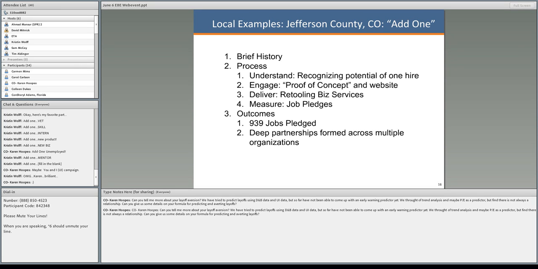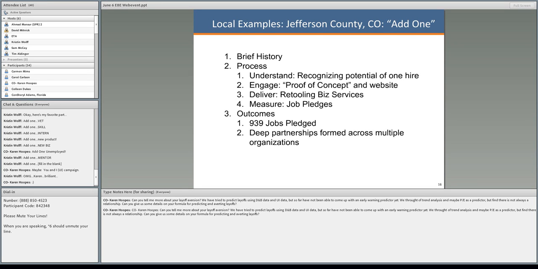Their measure is they've calculated about 1,600 jobs created by over 600 employers, and they've also used a similar economic multiplier framework to help engage businesses in the idea about why this is going to be not only good for their organization, but really good for the overall economic climate.